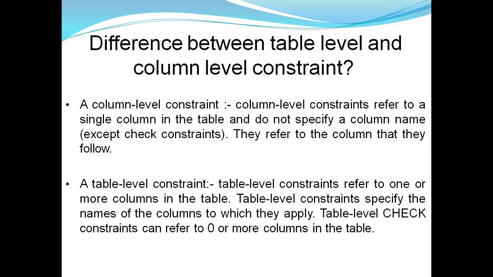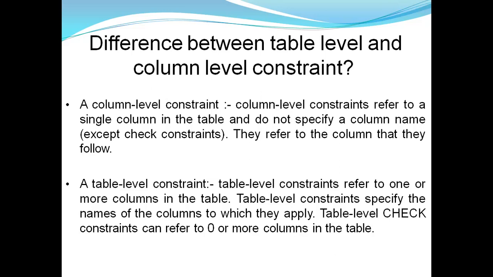In a table level constraint, we have to specify the name of the column on which we want to apply the constraint. Hence, a column level constraint can refer to only the one column it follows, so it is always a single column.